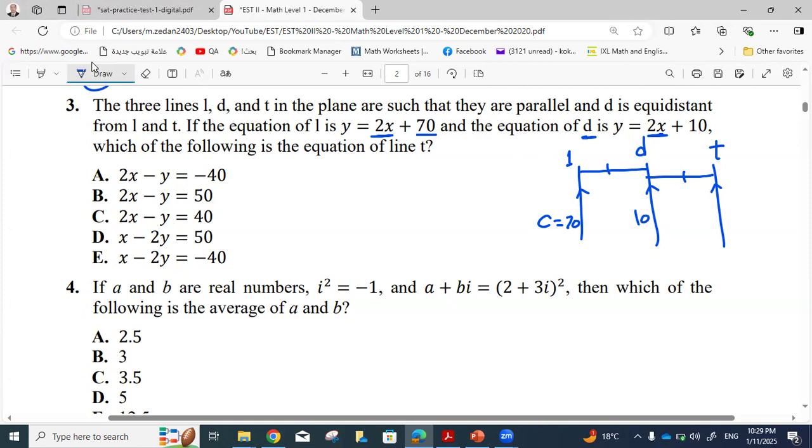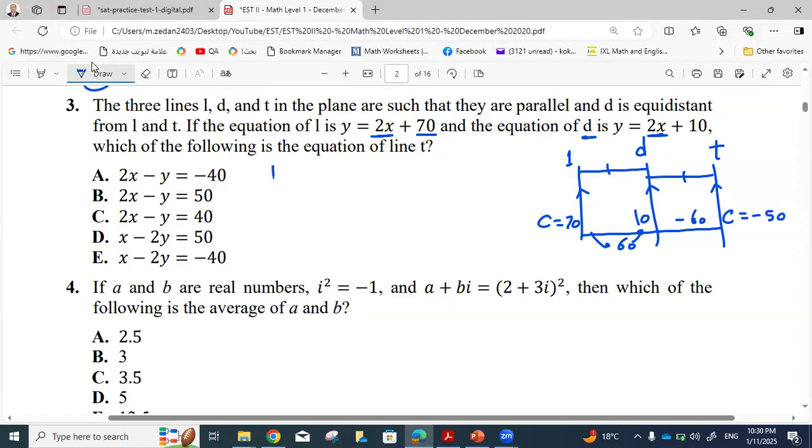The difference now between 70 and 10 is actually 60. So this difference will continue. I subtract 70 minus 60 to get 10, so you continue subtracting 60 to get the y-intercept of line t, which will be 10 minus 60, negative 50.